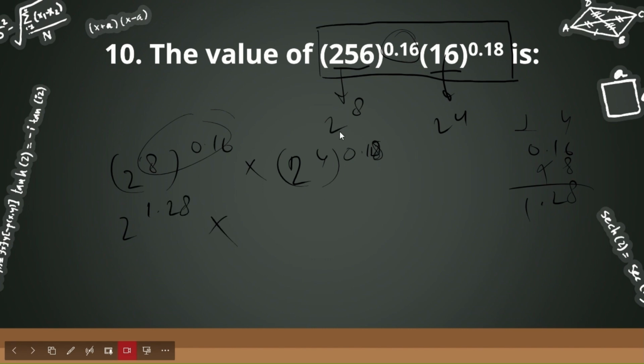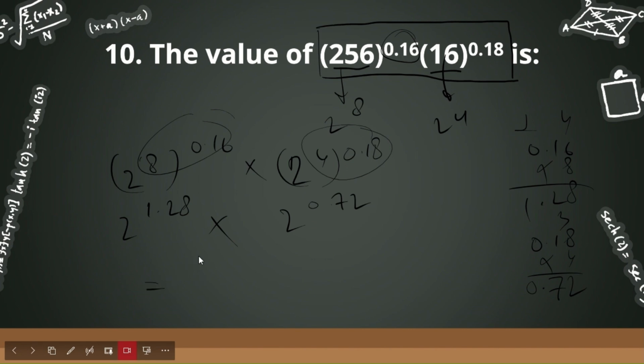Let's write this clearly. 4 into 0.18 is 0.72. So 2 to the power 0.72.